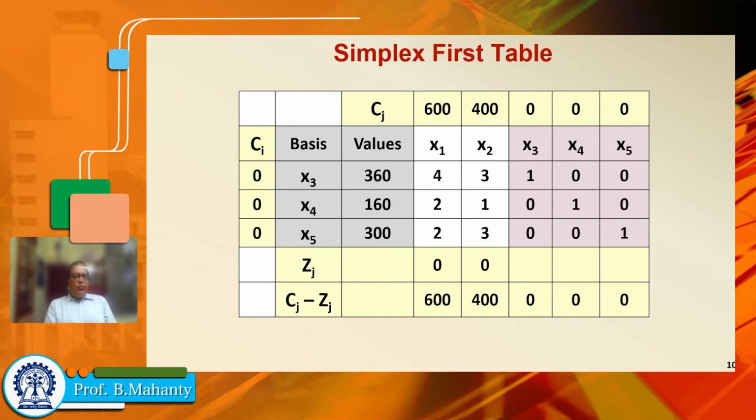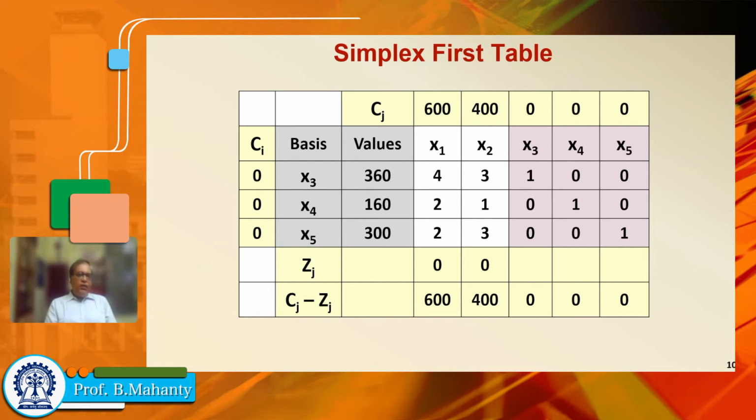So when you are producing 1 unit of x1, you are giving up 4 units of x3, 2 units of x4, and 2 units of x5. That means if you make 1 unit of x1, from x1 0, x2 0, x3 360, x4 160, x5 300, our new solution will be x1 equal to 1, x2 equal to 0, x3 will be 356, x4 will be 158, and x5 will be 298.